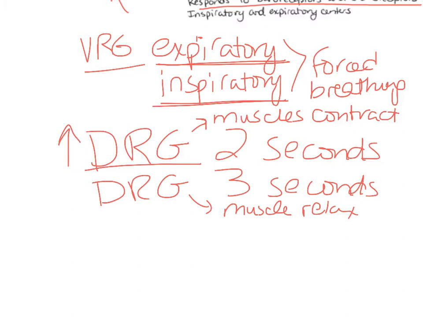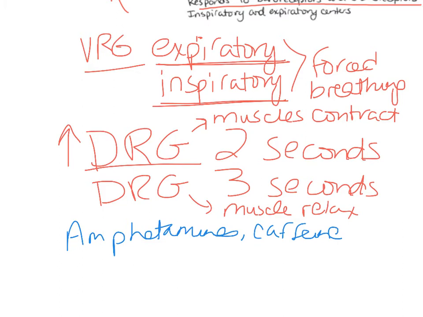There are certain drugs, like amphetamines and caffeine, that will increase the respiratory rate by facilitating these centers, by increasing the DRG and the VRG.